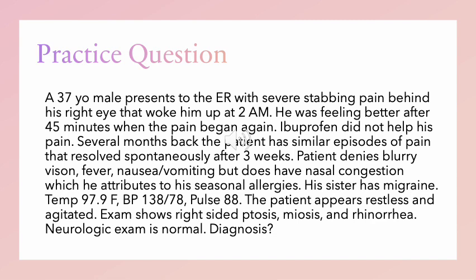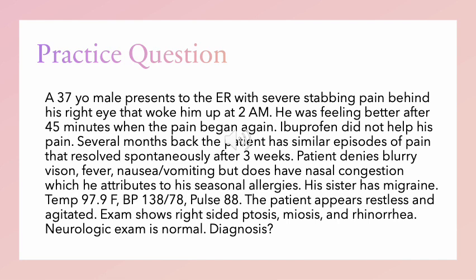So you have a 37-year-old male. He's coming into the ER with severe stabbing pain behind his right eye. It woke him up at 2 a.m. He was feeling better after 45 minutes, and then the pain began again. Ibuprofen did not help his pain. Several months back, the patient had similar episodes of pain that resolved spontaneously after 3 weeks.